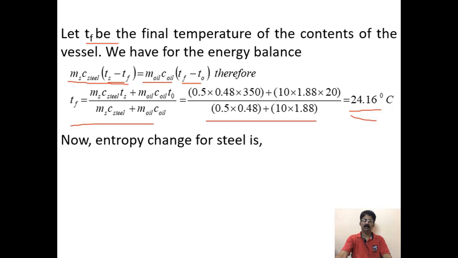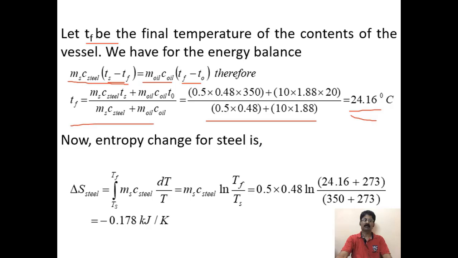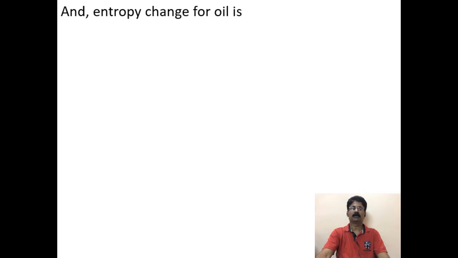Now steel entropy change, so same formula. Whenever the temperature change is there, you have to use the integration formula. Integration Ts to Tf, Ms C steel dT by T. So same integration, and surely you will get a negative answer because steel temperature decreases. Okay. So entropy change of oil.